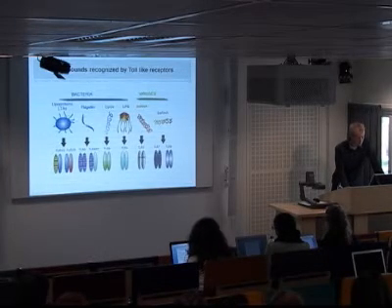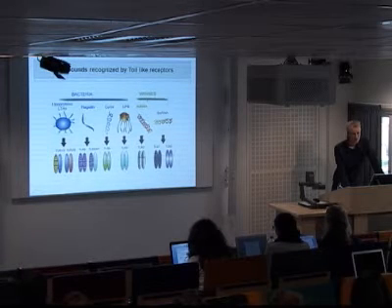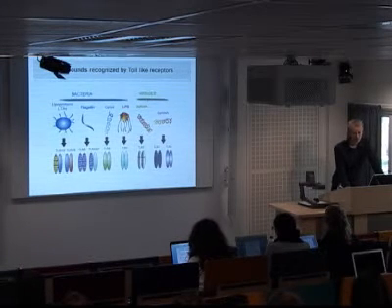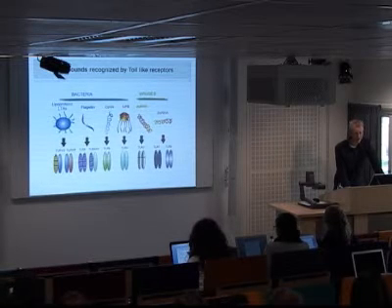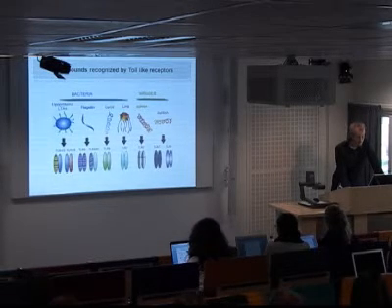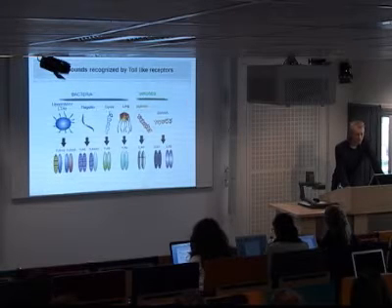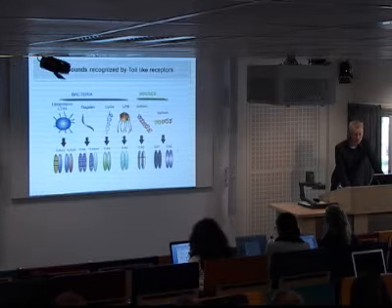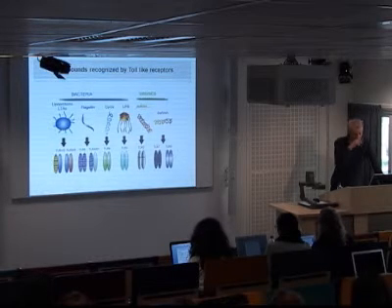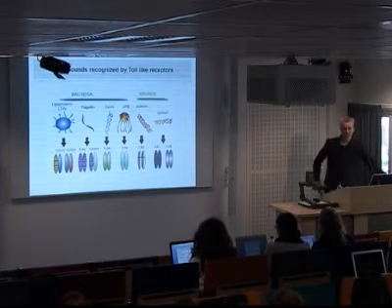Then there are also different types of danger signals associated with viruses that can be recognized by toll-like receptors, for example, single-stranded RNA and double-stranded RNA. Specific types of these RNA molecules can be recognized by different types of toll-like receptors. So these are examples of molecules that are recognized by toll-like receptors.